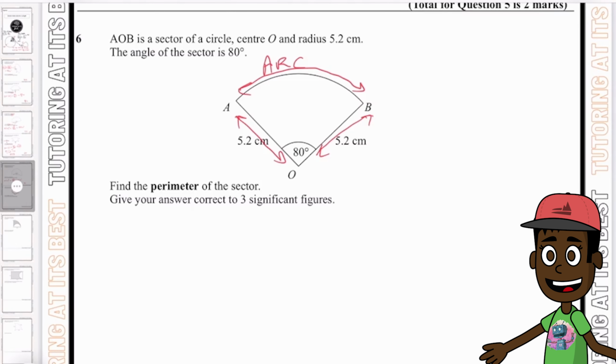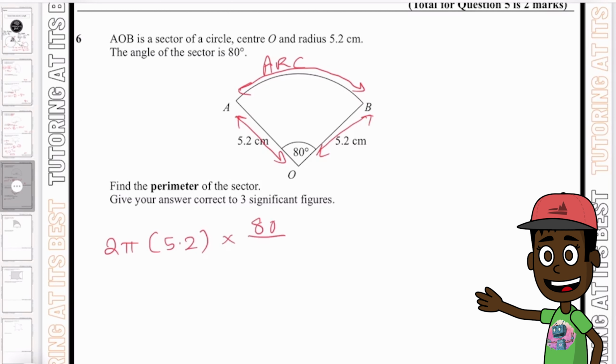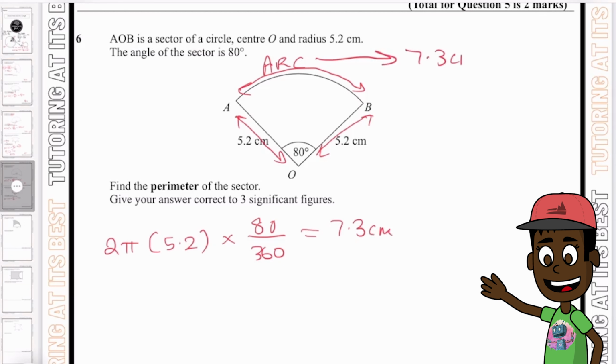That is our arc. So again, we'll go for our 2 pi r, which is 5.2 as our radius, and we'll times this by 80 over 360, and that gives us 7.3 centimeters. So now we know our arc is 7.3 centimeters.